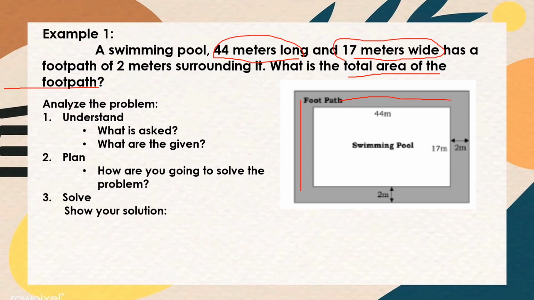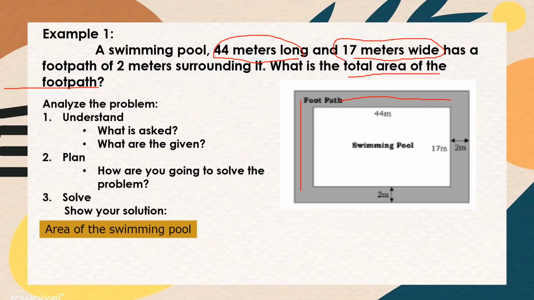Okay, so the third step is to solve. So we're going to show our solution on how to get that problem. Okay, so first, ang gagawin muna natin, we have to get the area of the swimming pool. So what is the length of the swimming pool? We have 44 meters and the width is 17 meters. So that is a rectangle.